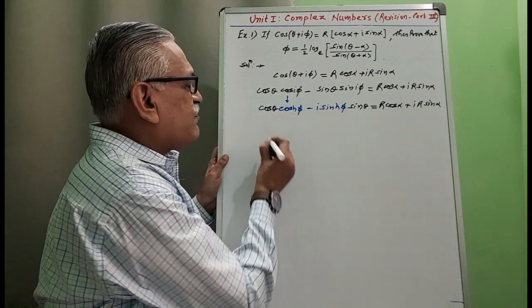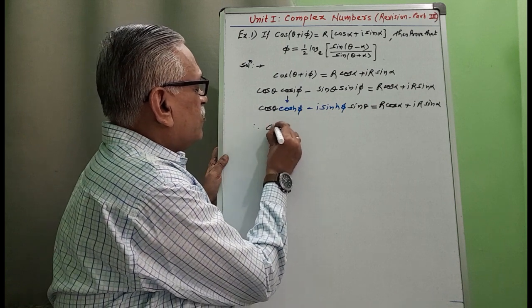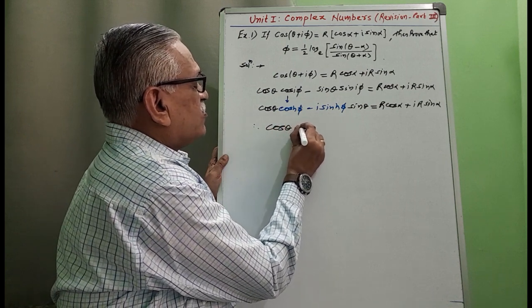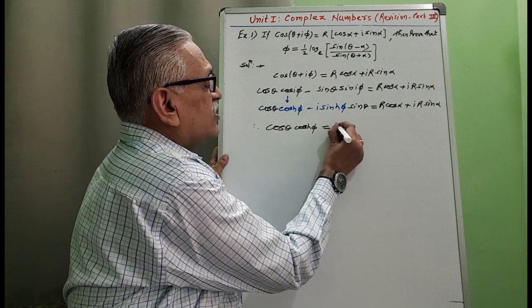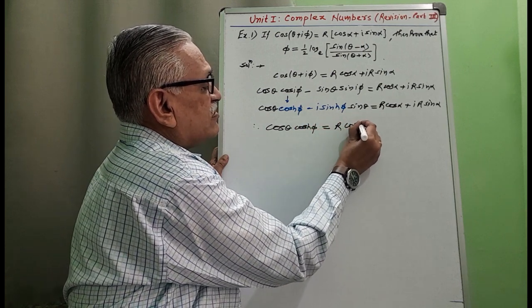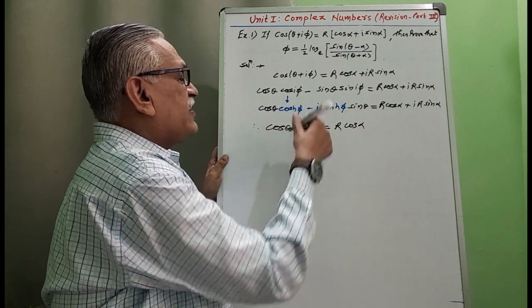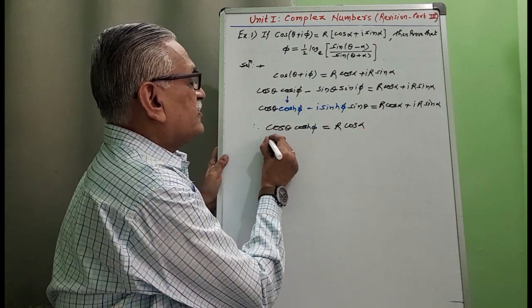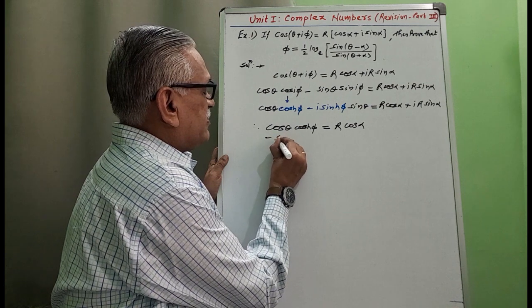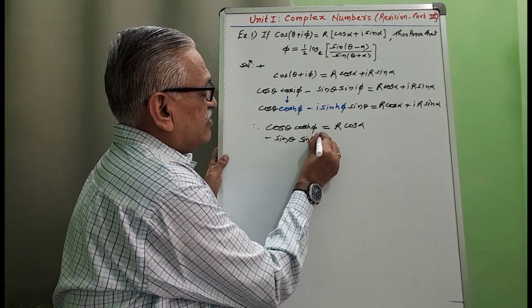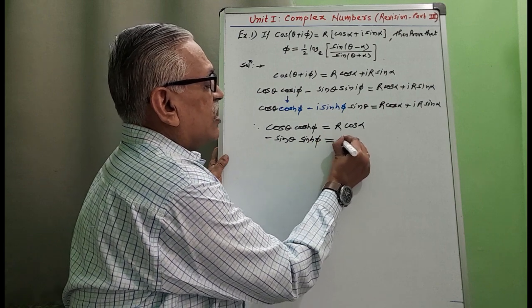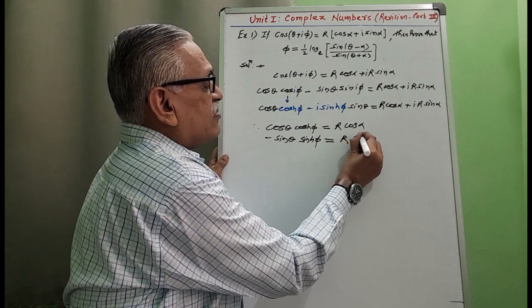Comparing real part with real part, we get therefore cos theta cosh phi is equal to r cos alpha, and imaginary part minus sin theta into sinh phi is equal to r sin alpha.